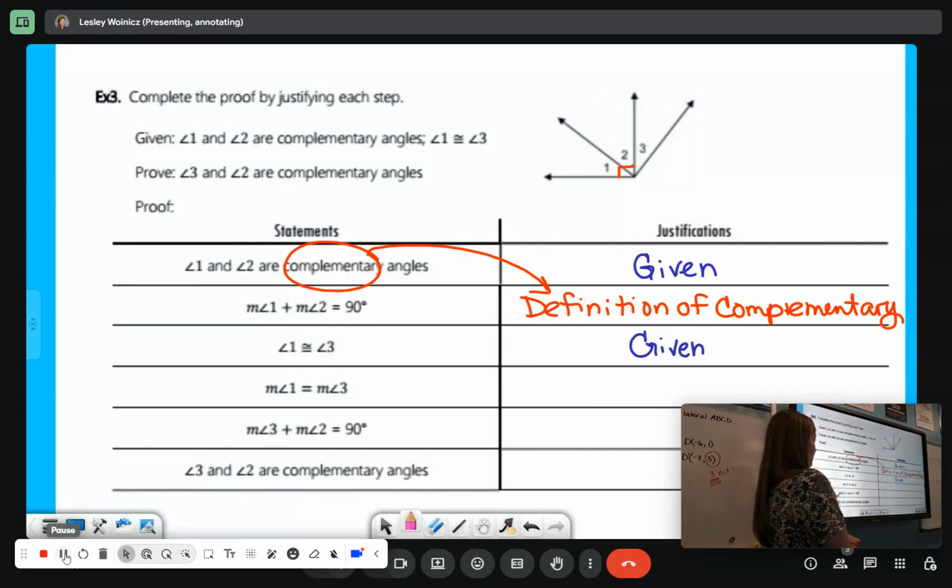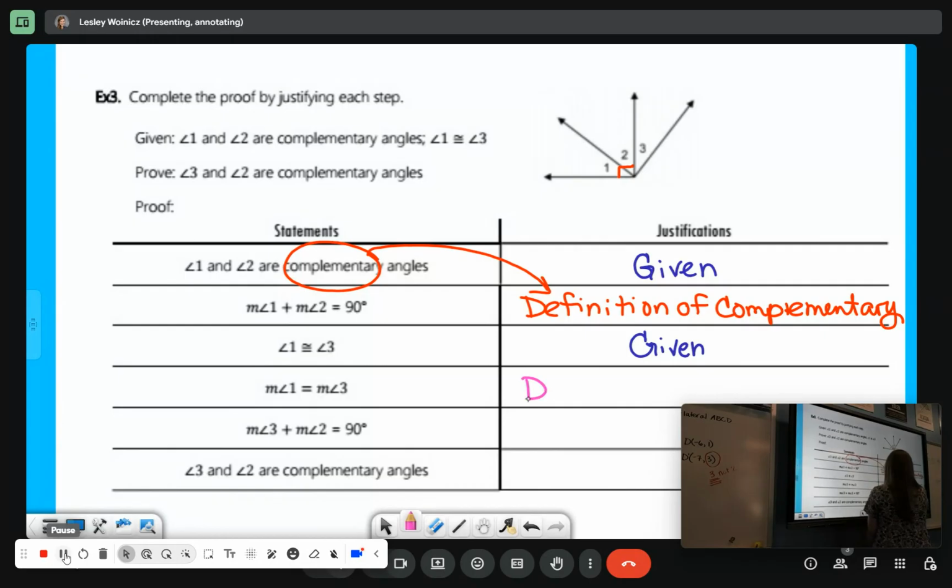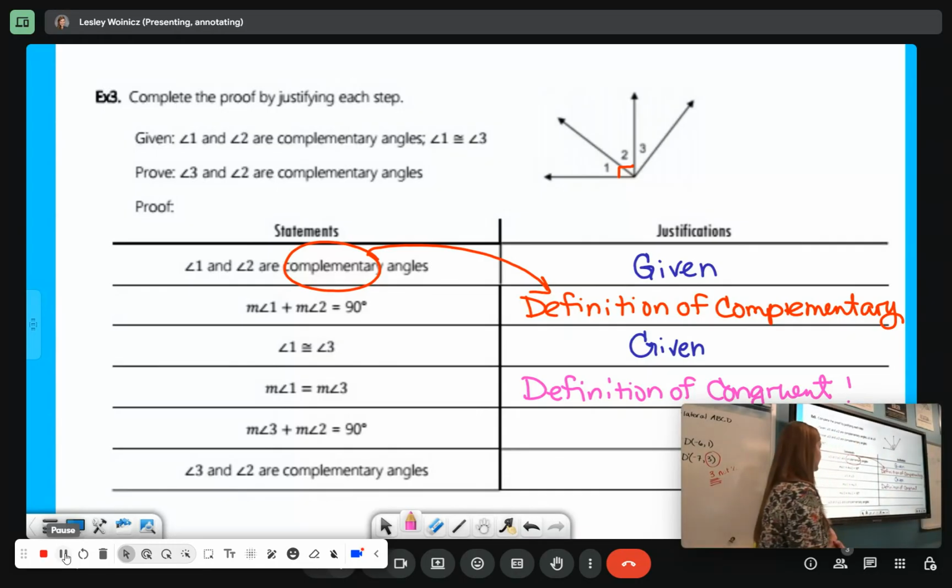How do I know that the measure of angle 1, okay, good job, Katie. Okay.